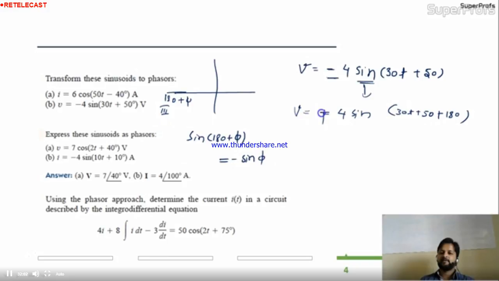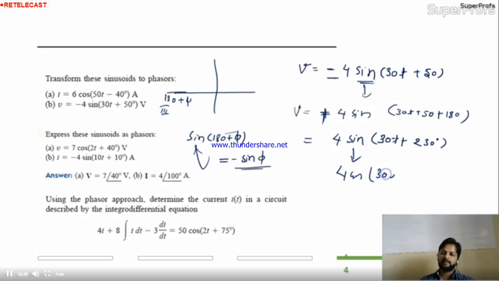So since I have a minus term, I'm just adding 180 degrees. Now your function is 4 sin(30t plus 230 degrees). Correct? Now you have to remove this sine and come to cosine, so you will subtract 90: 230 minus 90. So this is 4 cos(30t plus 140), if I am right.